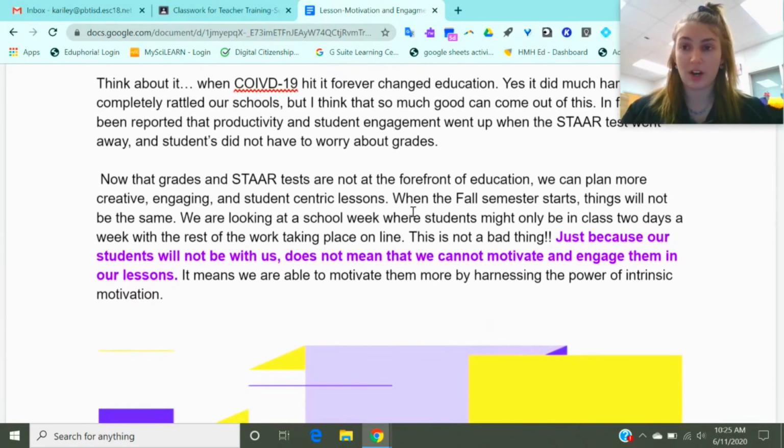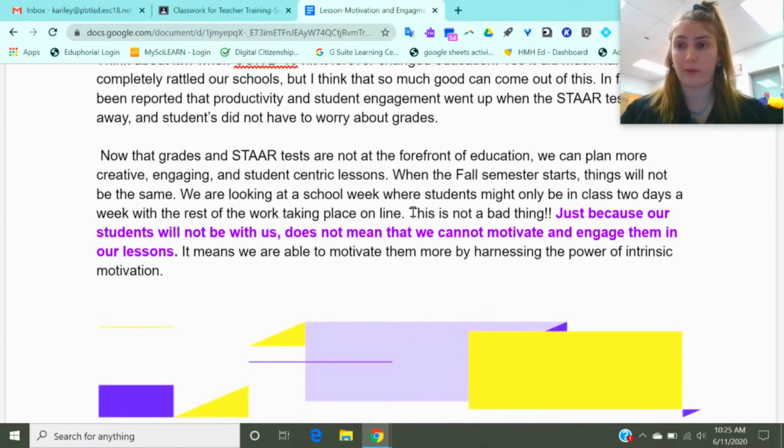Now that grades and STAR testing are not at the forefront of education, which, I'm sure once school gets back in the swing of things, and it starts to become normal, we start to have more of our students coming back to campuses, yes, that's probably going to be the focus.